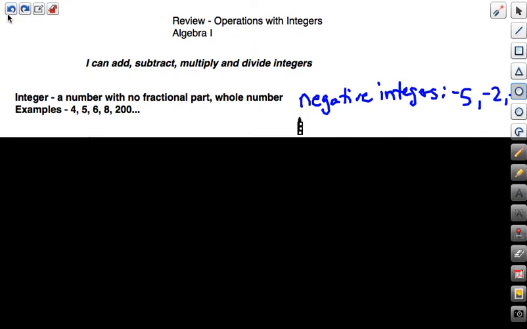Those would just be any positive number with no fractional part. So we could say 8, 10, 200, 300, anything like that would be a positive integer.